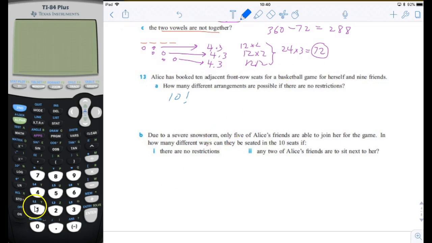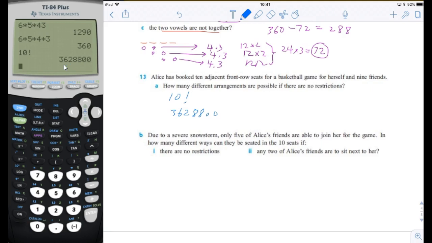We did 10 factorial before, right? 10 factorial is 3,628,800.